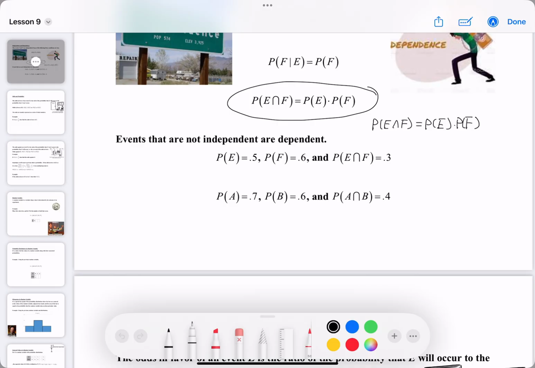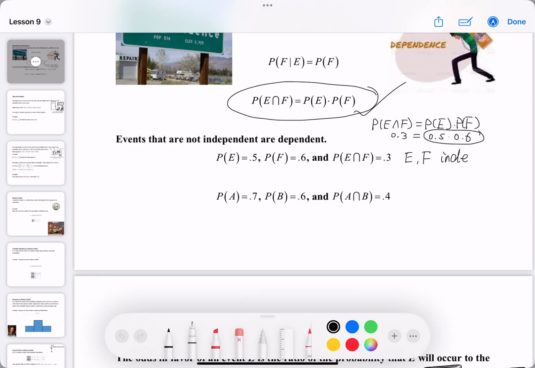P of E and F is 0.3, so we put 0.3 here, equals P of E times P of F, which is 0.5 times 0.6. Yes, the left-hand side is 0.3 and the right-hand side is also 0.3. So E and F are independent, satisfying the last condition.